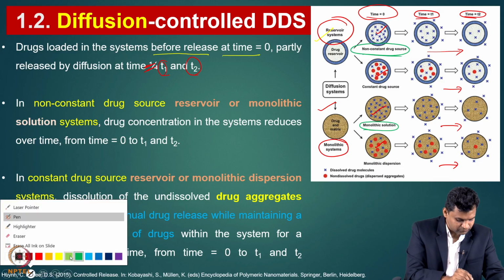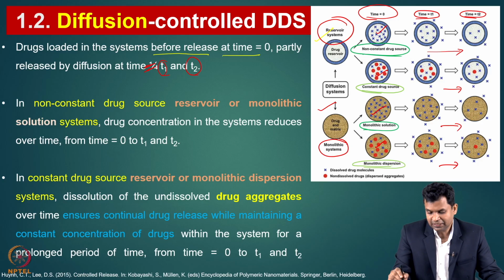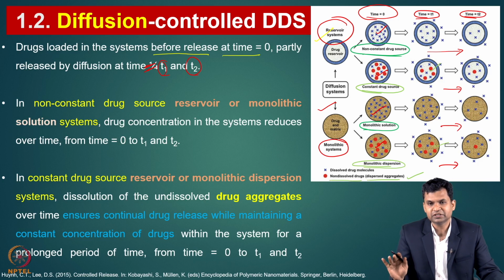And now here is the constant drug source and here is the monolithic dispersion. In this case the drug precipitation or aggregation is very high, which is shown in red color. So in the constant drug source you can see the drug is precipitating, mentioned as non-dissolved drug or dispersed aggregates, which will show the controlled release.